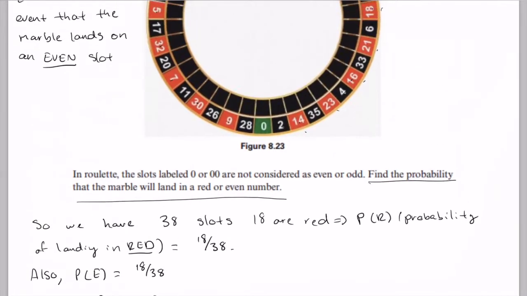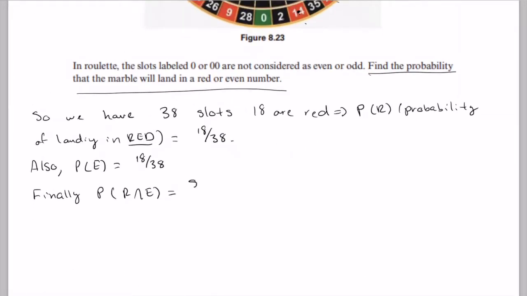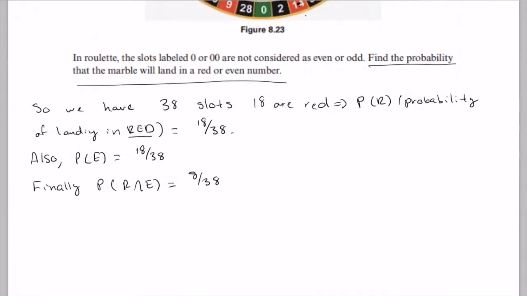So let's find out both red and even. So that's 1, 2, 3, 4, 5, 6, 7, 8. So we have 8 out of 38. So now we can finally do our math.